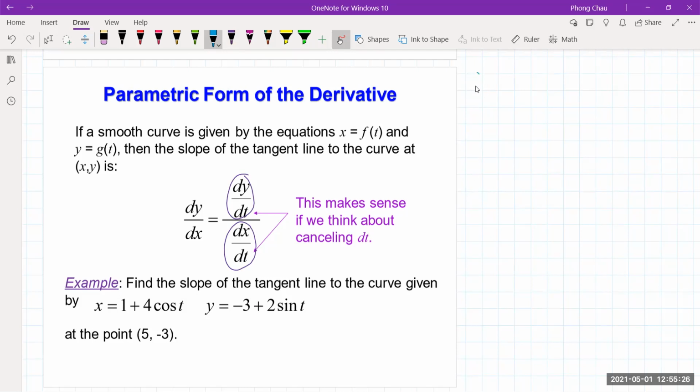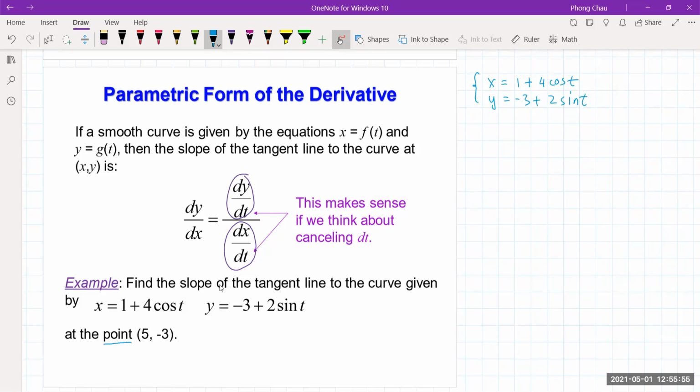Again, I can write that like a system of equations: x equal 1 plus 4 cosine of t, and the y function is negative 3 plus 2 sine of t. And we want to find the slope of the tangent line at this point, (5, negative 3).